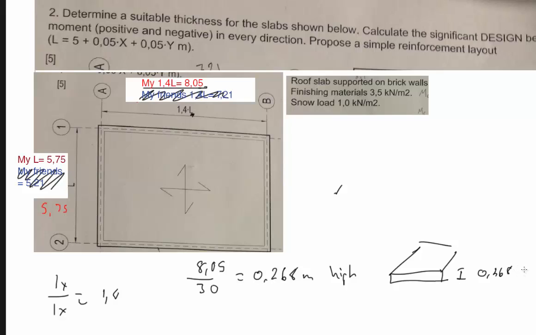So we don't know that, but what we do know are these values. So 3.5 and 1. So the snow load, the dead load, and also we have to consider the concrete slab itself. So the finishing material, plus the concrete slab, counts as the dead load.